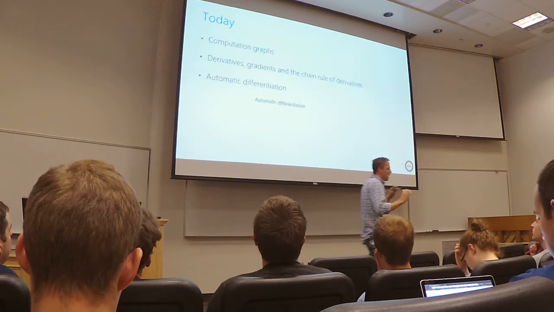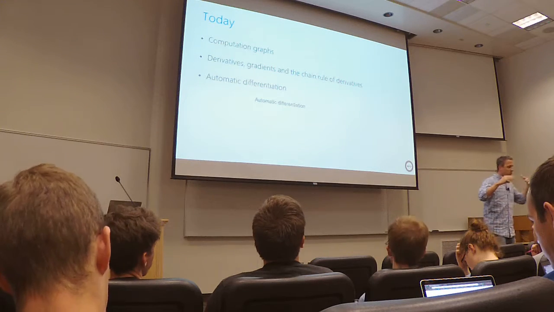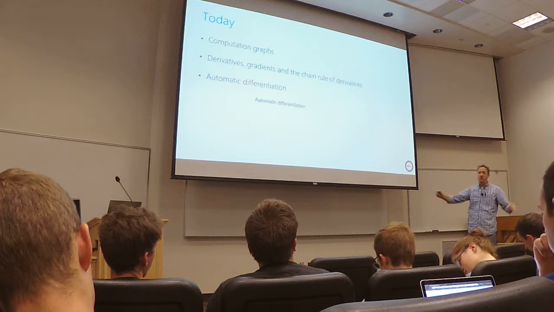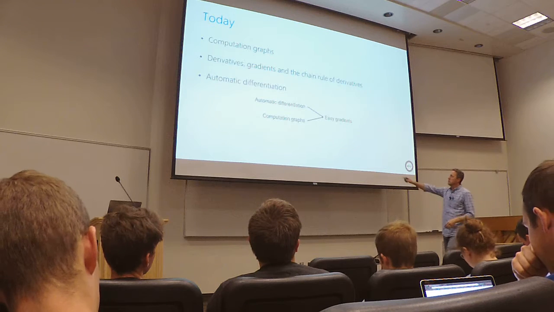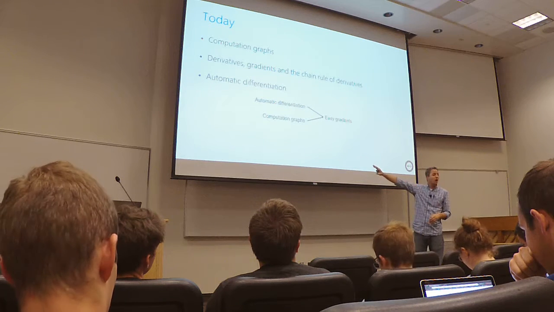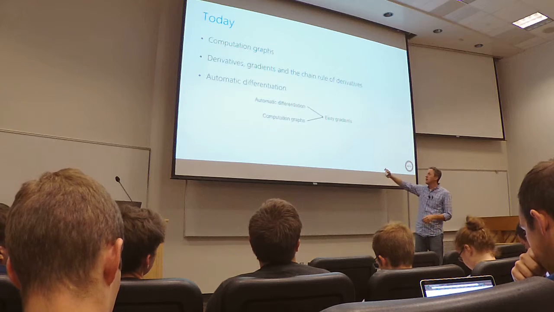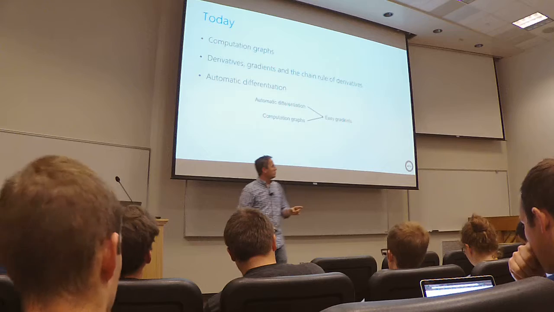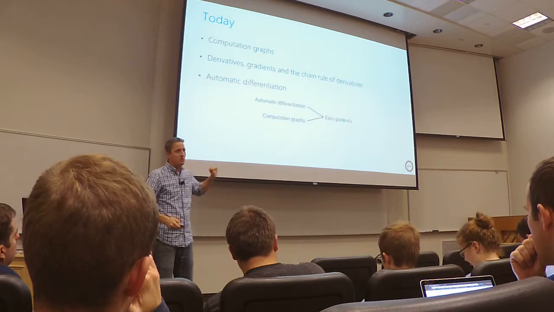So just so you know, I'd like to illustrate just a little bit where we're going in the next couple of lectures. So here's a little diagram about modern machine learning. You take the idea of a computation graph, which I'm about to explain to you, and you take the idea of automatic differentiation, which I'm also about to explain to you, and you combine it together and you get something called a gradient.